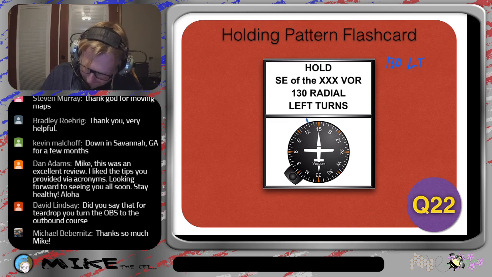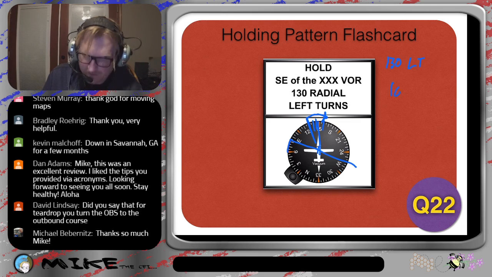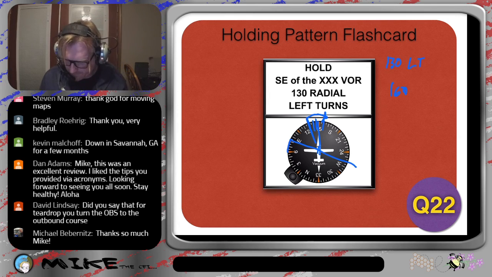So 130 is over here. And if you're doing left-hand turns, up 20, down 20, and then up, that's going to call for a teardrop entry. And so you would count 30 degrees towards the top of the heading indicator. So 10, 20, 30, and I would go outbound on the 160 radial. Hopefully one of those answers your question there, David.